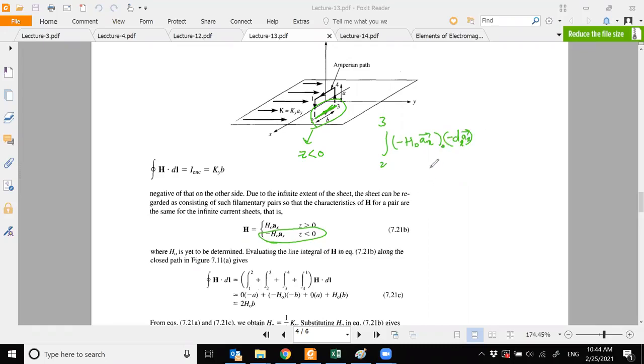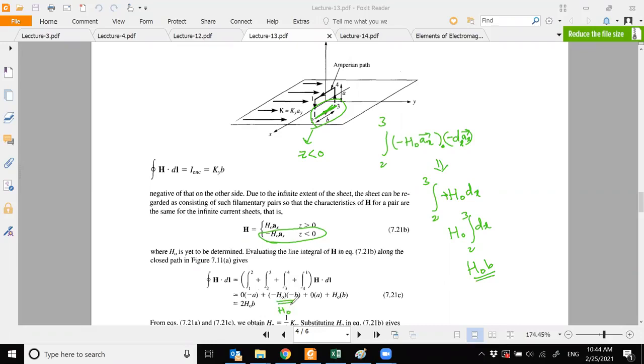Then you will see that this is equal to integral 2 to 3 of minus H0 into minus dx, plus H0 dx. So it will be H0 times integral 2 to 3 of dx. And what is your dx? This length, and this length is b. So it is H0 times b, which is here.